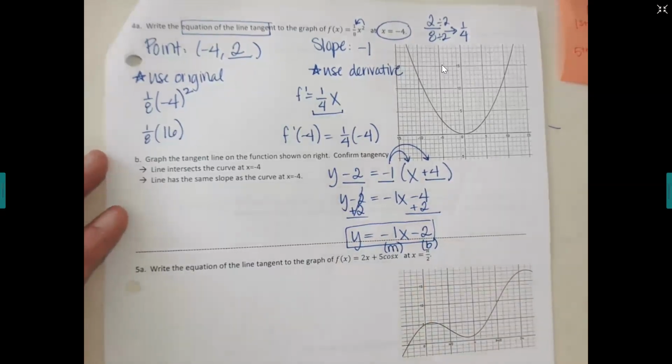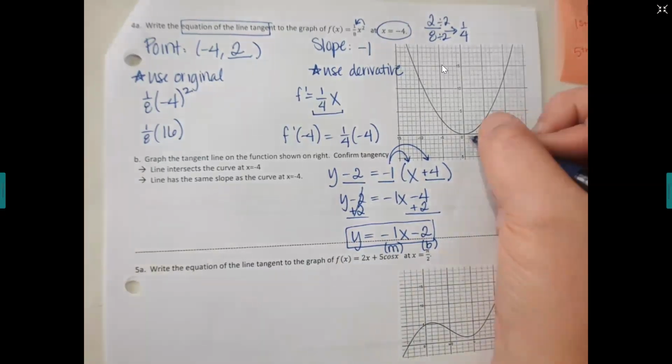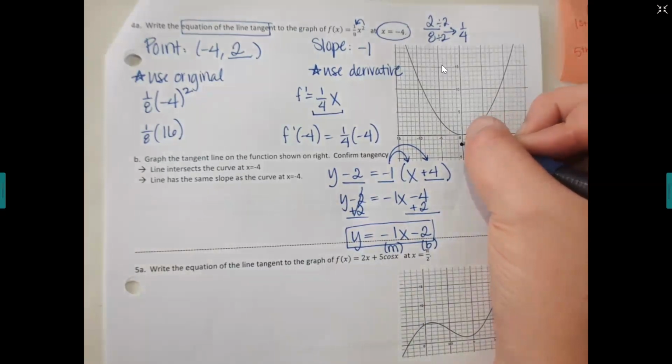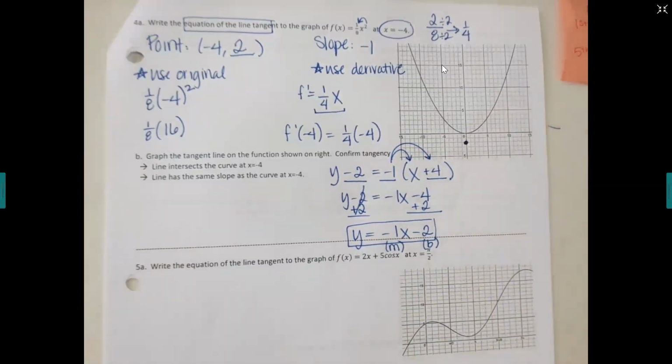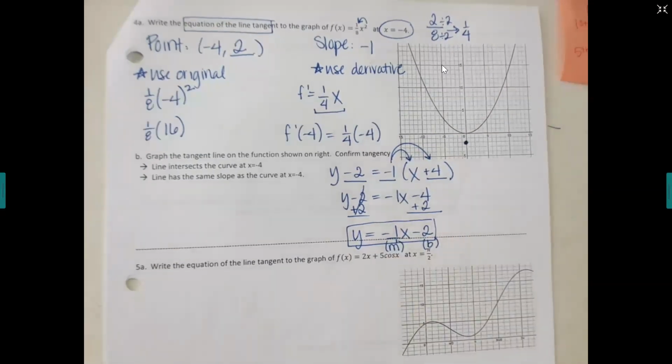So now we're gonna graph that and make sure that my graph really looks tangent to the 1/8 x squared that's already graphed for you. So start at -2, that would be right here. And then if your slope is -1, I'm gonna put that over 1 so that I can do down 1, run 1, but you're going down 1 over, down 1 over.